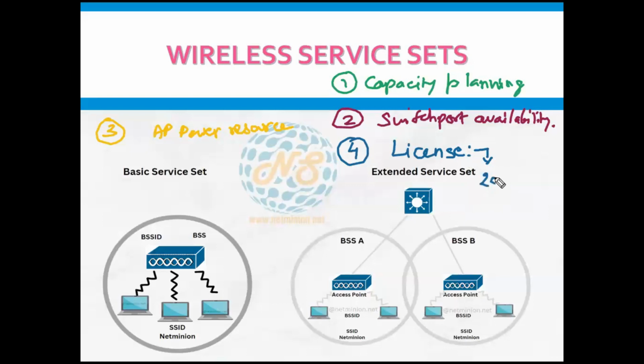Let us say your WLC can go up to 200 APs. If you are planning for one more AP, you cannot do that. Why? Because your number of licenses is full. Getting this point? Yes or no?